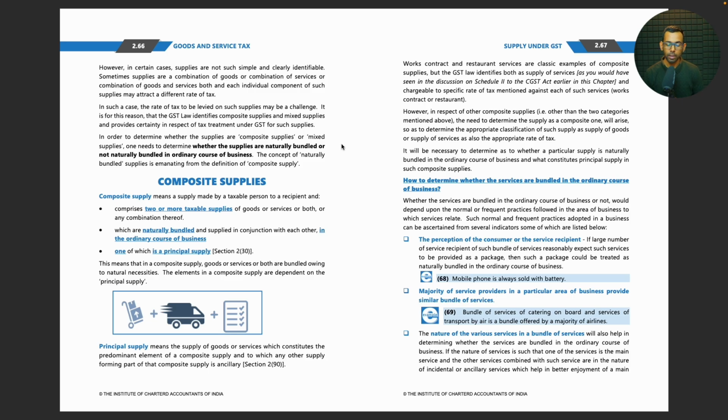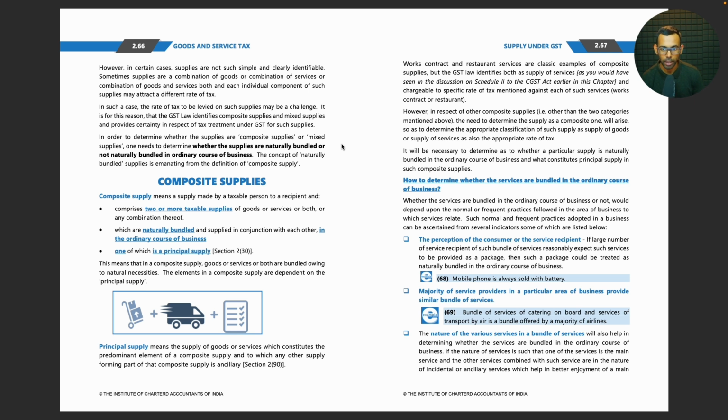This means that in a composite supply, goods or services or both are bundled owing to natural necessities. The elements in a composite supply are dependent on the principal supply. Principal supply means the supply of goods or services which constitutes the predominant element of a composite supply and to which any other supply forming part of that composite supply is ancillary.